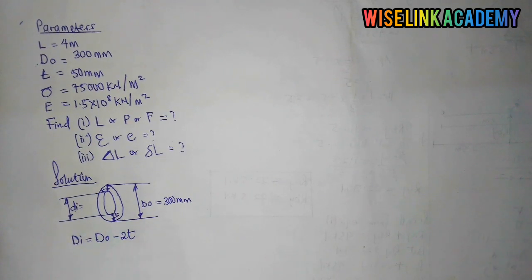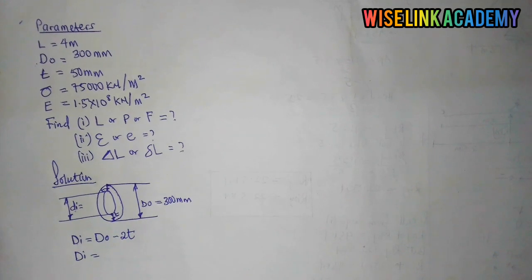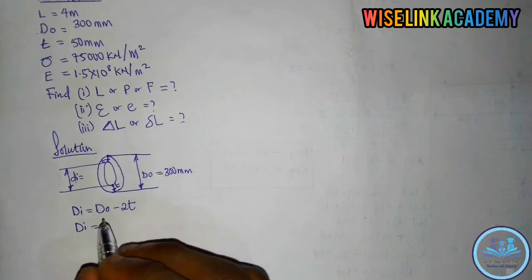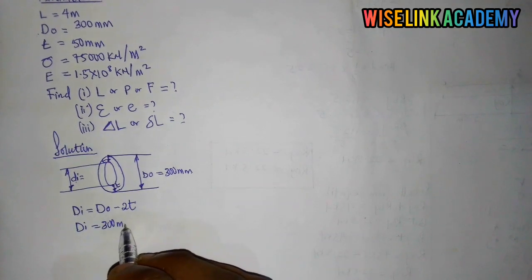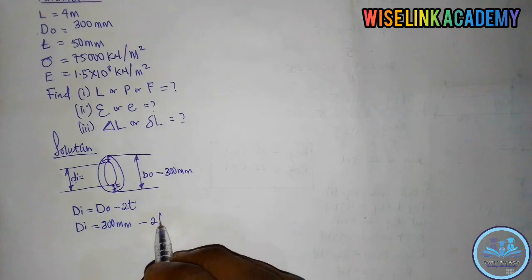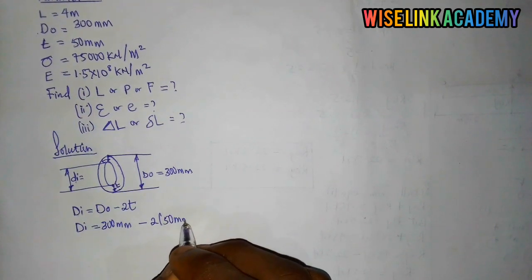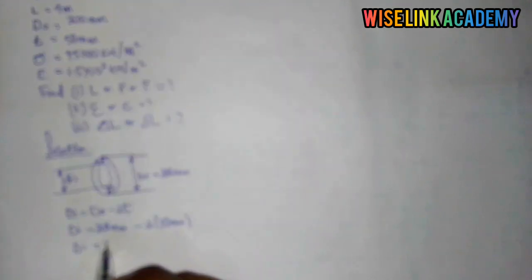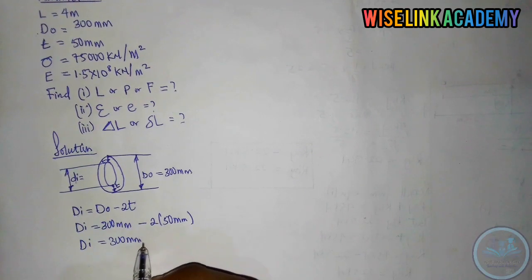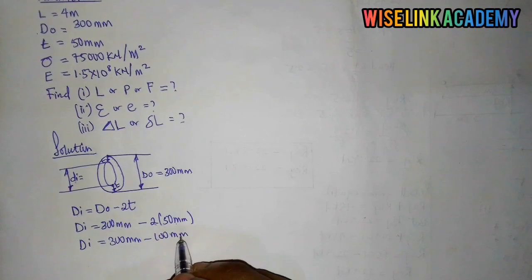Working on this, D outer is given as 300 millimeter minus 2 open bracket, our T is 50 millimeter. So D inner is equal to 300 millimeter minus 100 millimeter, because 2 times 50 is 100.